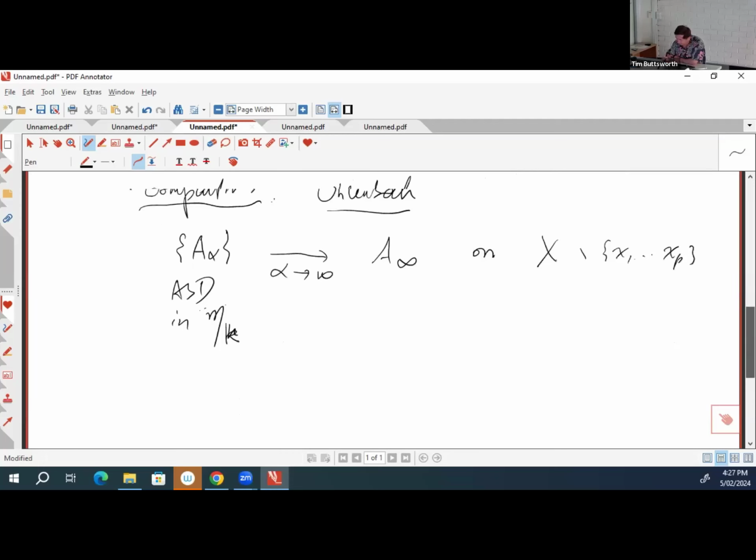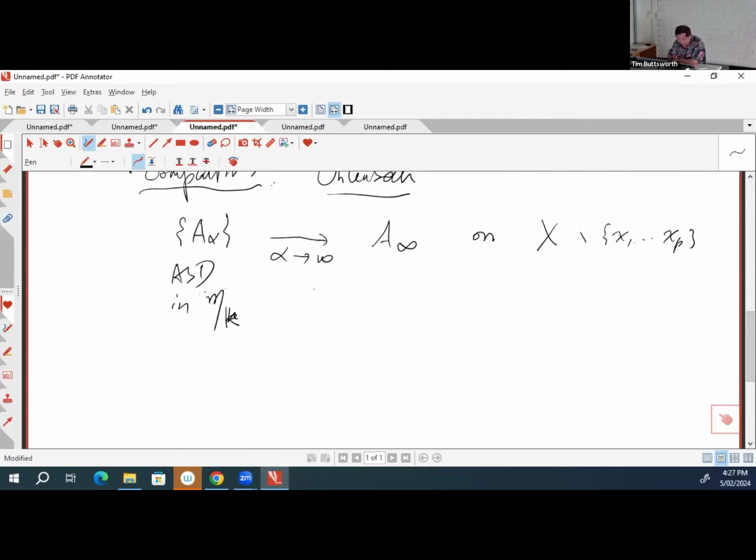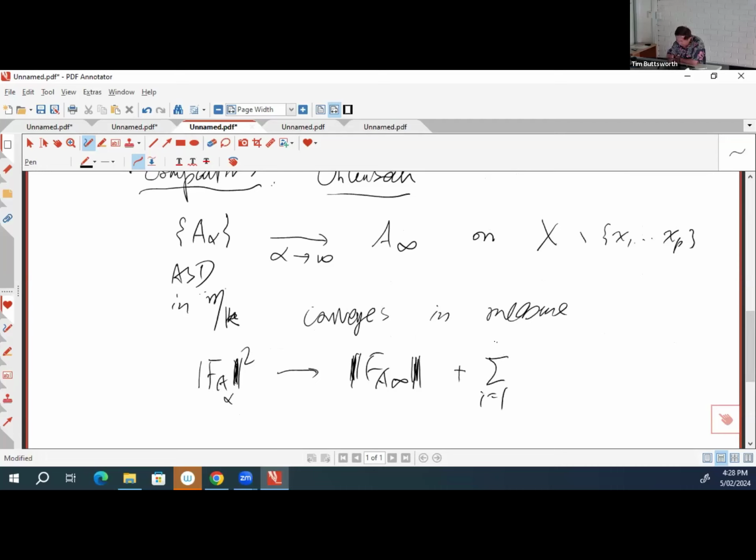And then of course you can have convergence in a certain measure. And this measure, instead of the L norm, converges to a measure, plus one with some positive integer, and then we have delta functions at the points x_i.